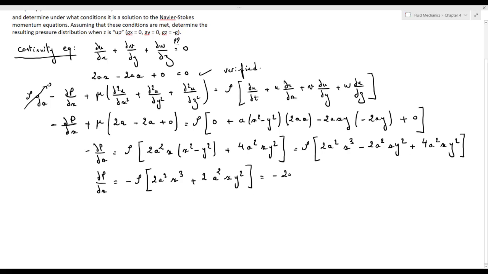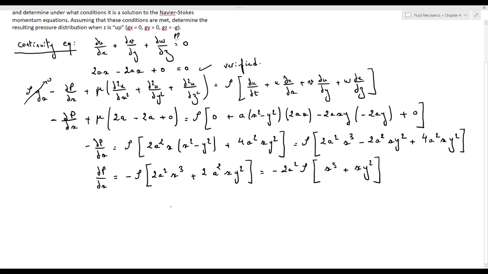So we can take 2a² as common factor, so minus 2a²rho as common factor into x³ plus xy². So we'll obtain that the partial derivative of the pressure with respect to x is equal to minus 2a²rho into (x³ plus xy²).